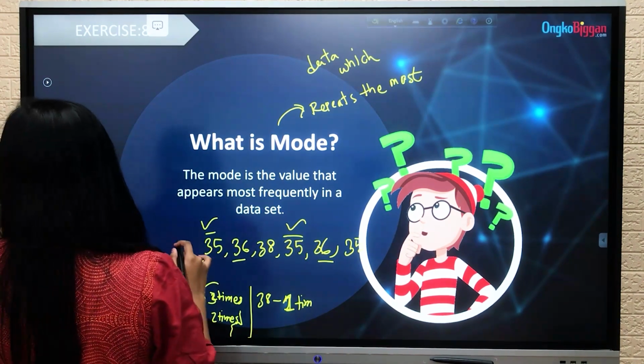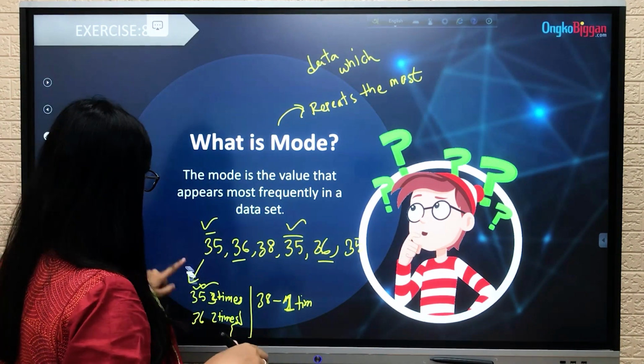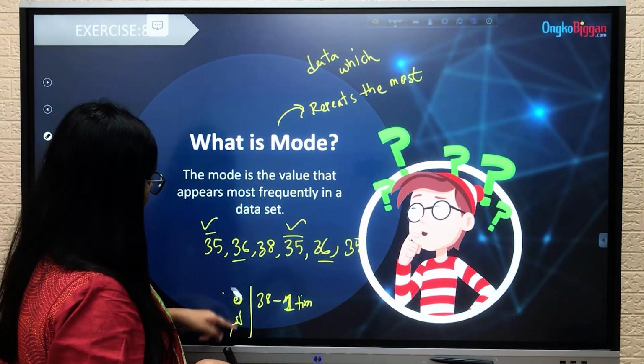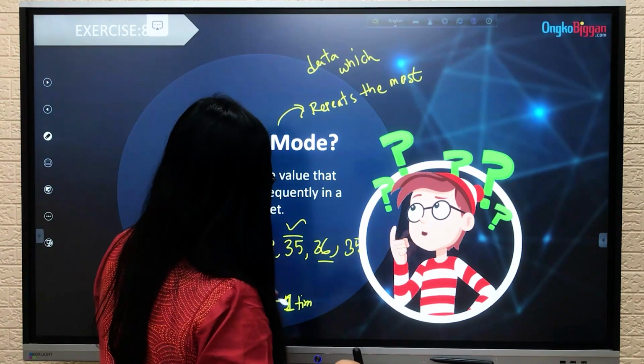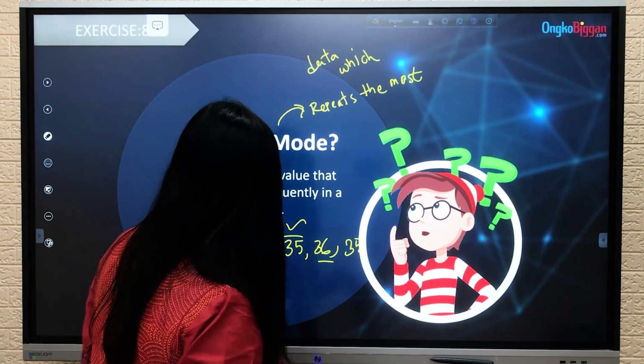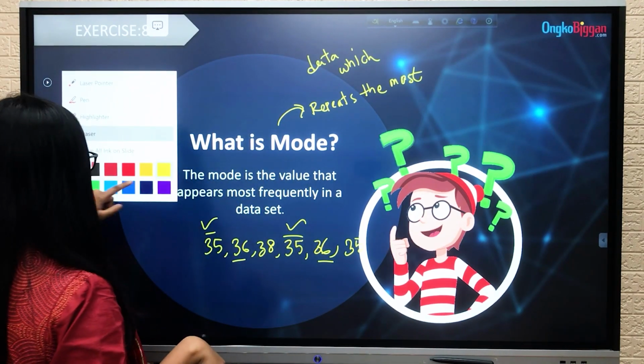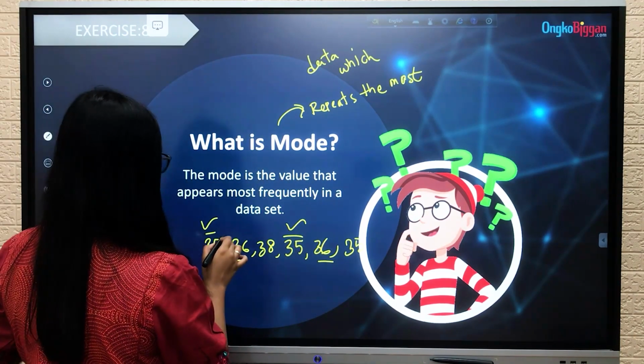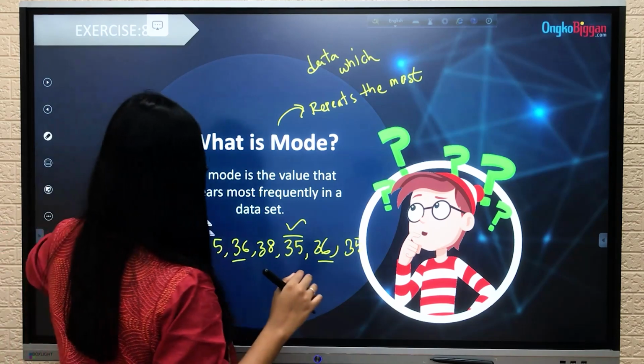If all the numbers appeared the same time, like 35, 36, 37, 38, once each, I am just erasing.